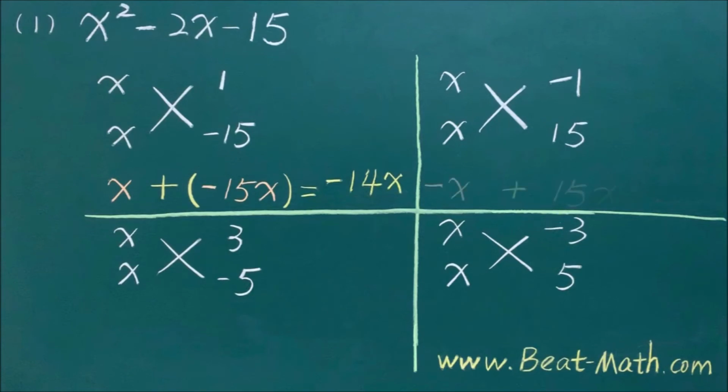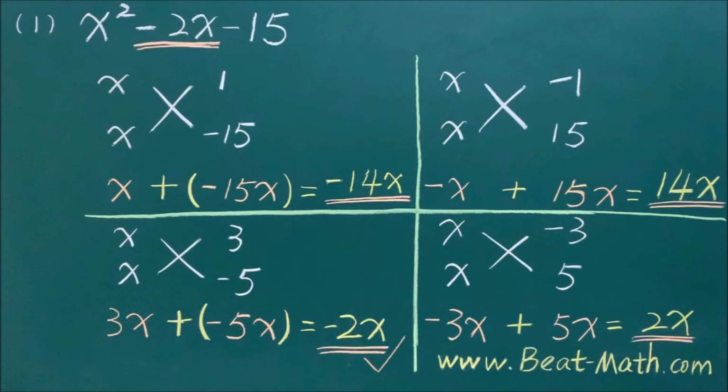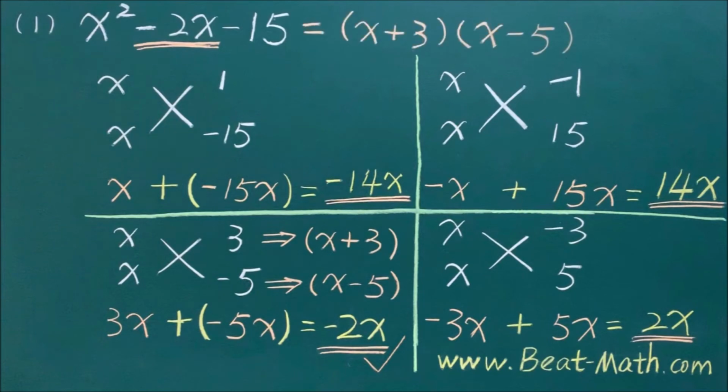The result of -x plus 15x is 14x. The result of 3x plus -5x is -2x. The result of -3x plus 5x is 2x. So only the pair of 3 and -5 brings us the result that we want. Then we get the quantity of x plus 3 times the quantity of x minus 5.